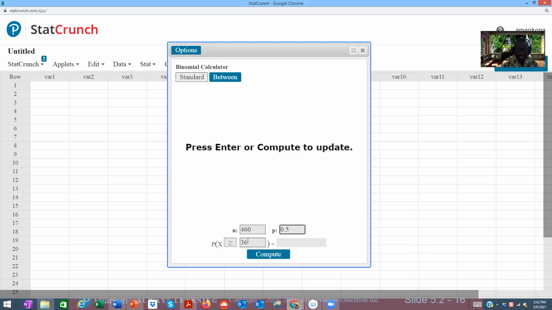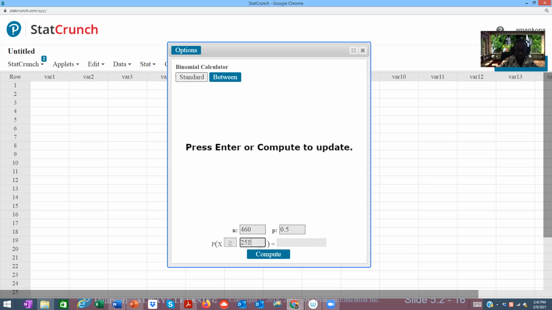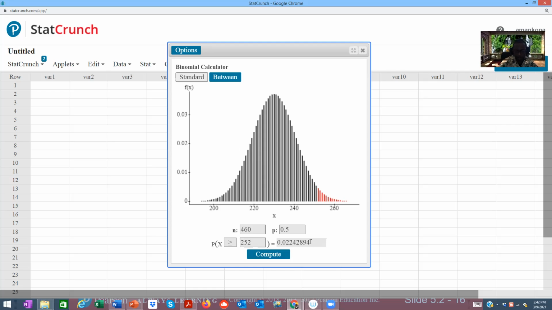So that will be greater than or equal to 252. Now, what is this probability? This probability gives me 0.0244 to 4 decimal places.